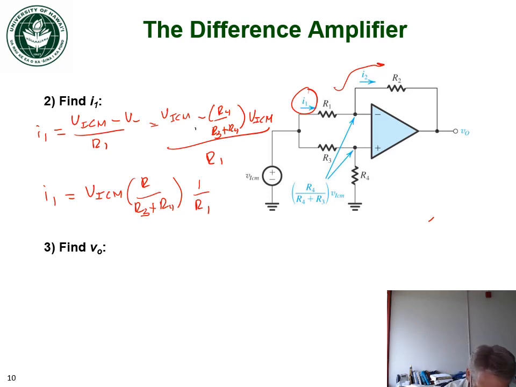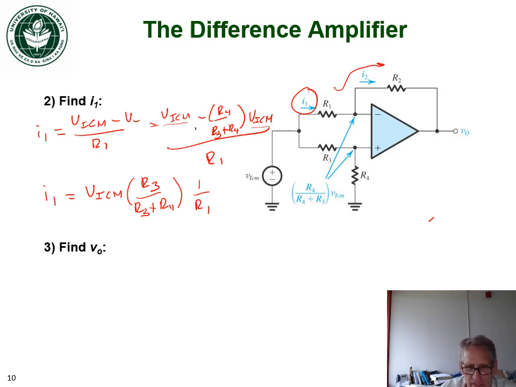Actually, this should be R3 here, because we factor out the input common mode. If we factor that out, we end up with a term that's R3 over R3 plus R4.